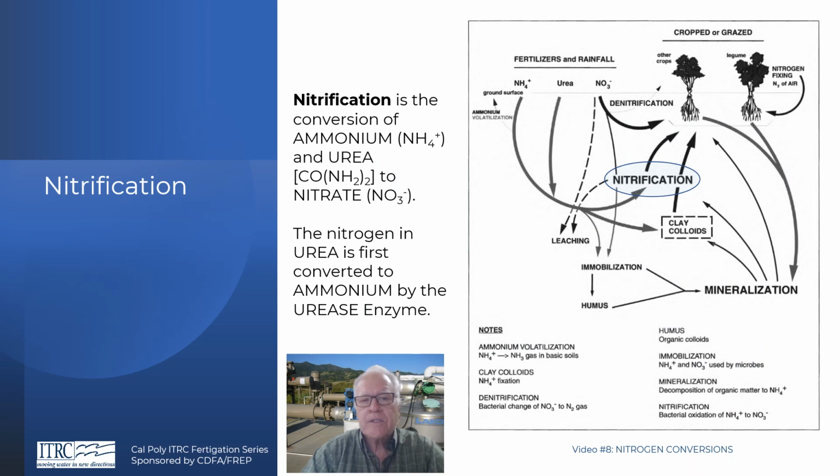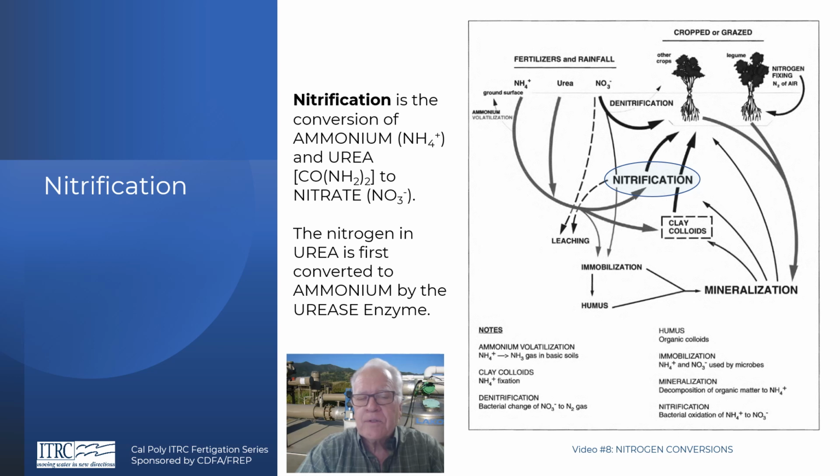If you take a look at this in the center, the word nitrification has been circled. And nitrification is the biological process where there's conversion of ammonium to nitrate, or else urea to nitrate. The transformation of urea is done by an enzyme. It goes to ammonium first, and then there's a bacteria that converts the ammonium to nitrate.